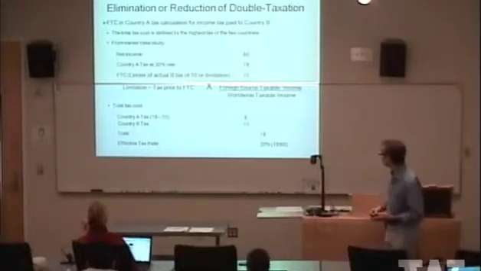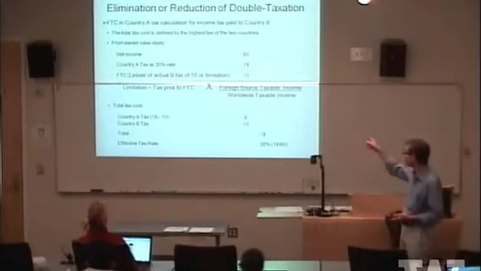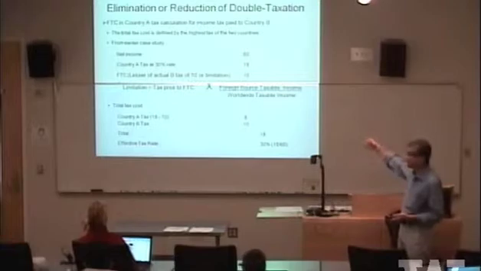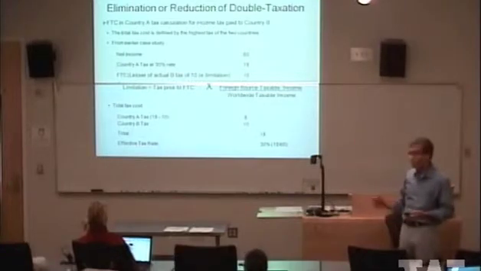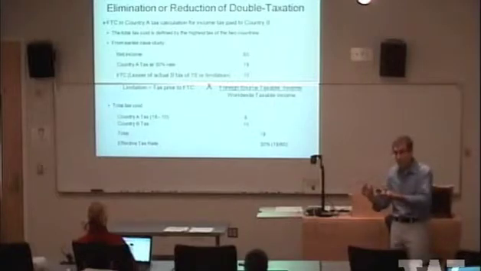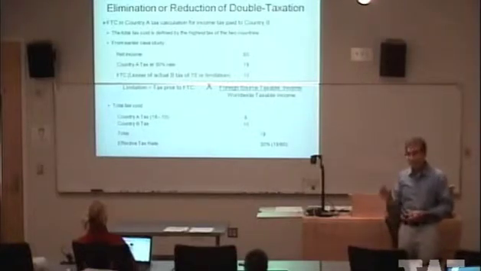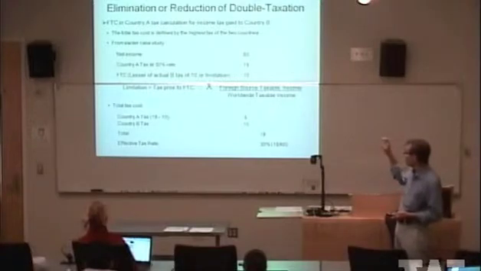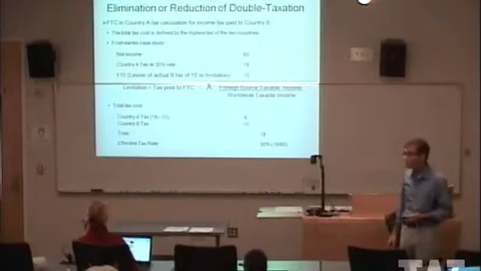And of course, then when we apply the foreign tax credit rule, we get the numbers we looked at before when we did the tax treaty example, so that the 60 of net income was also the foreign source taxable income.